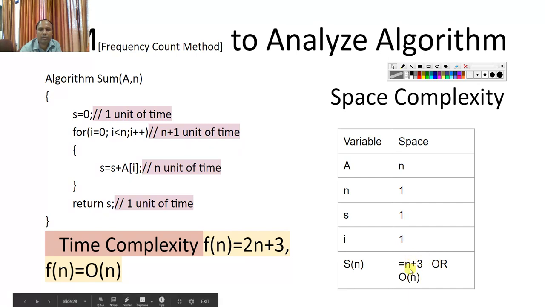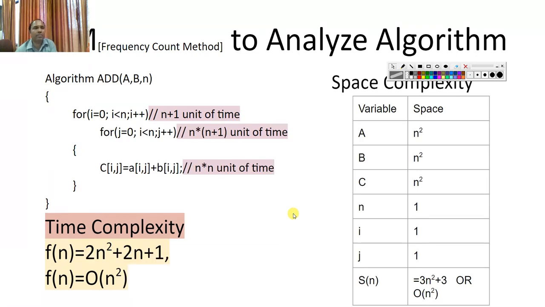That's why the space complexity equation is equal to n plus 3, or in general you can say order of n. Now in some cases, if you have used some more variables and you are having equations like n plus 4 or n plus 5, still you can write down the space complexity as order of n.